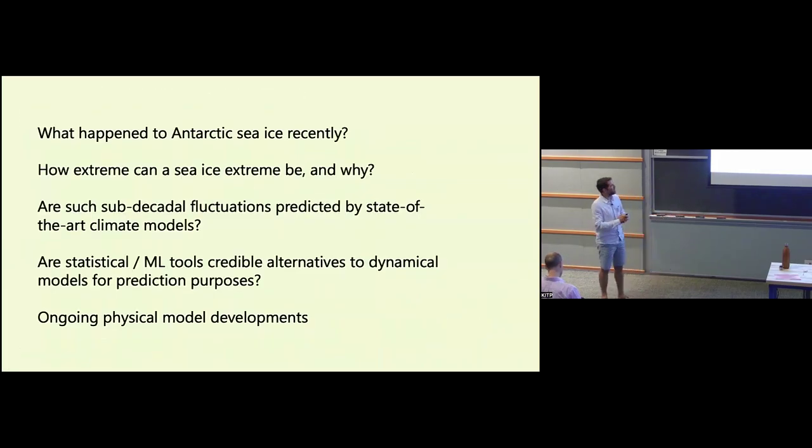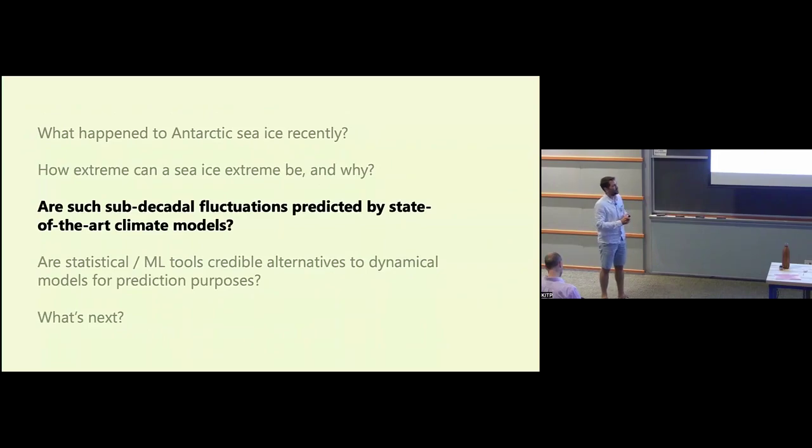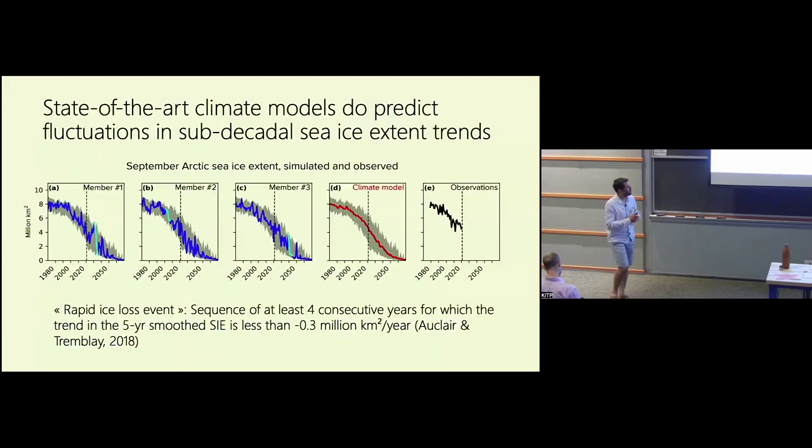So let's continue with the fluctuations prediction by climate models. And one of the big projects we've been working on over the past years is on trying to understand rapid sea ice loss events in the Arctic. So RILEs, R-I-L-E-s.